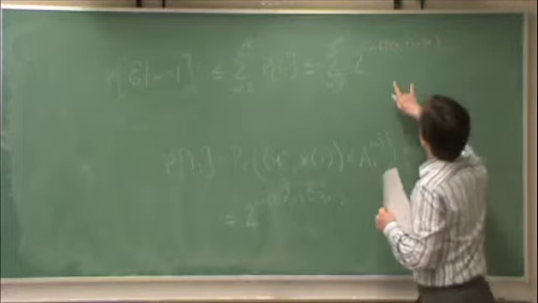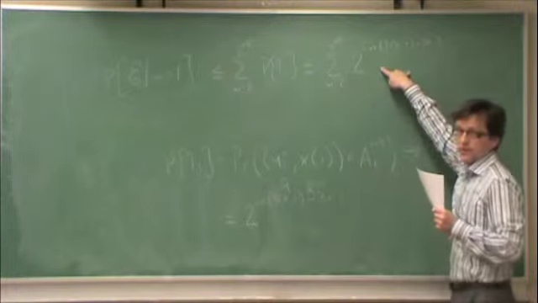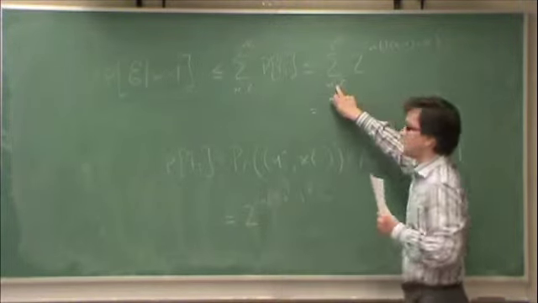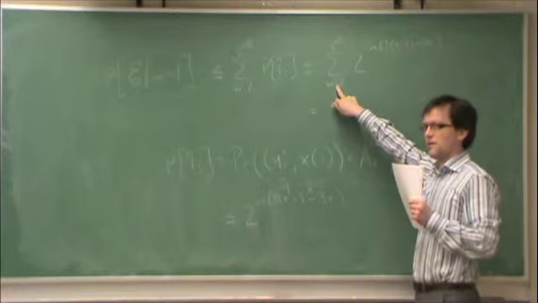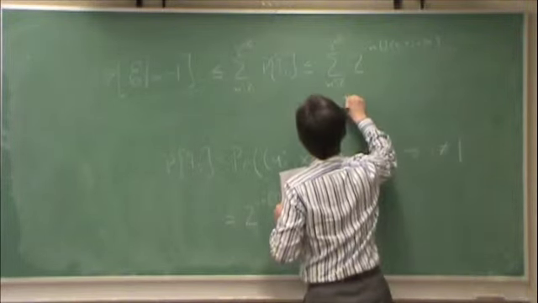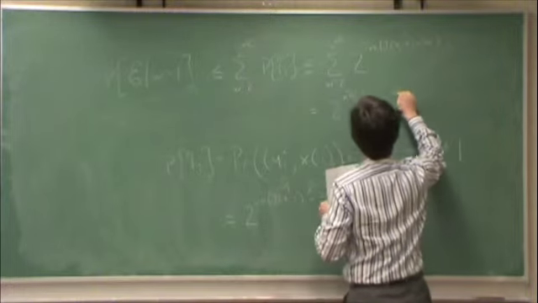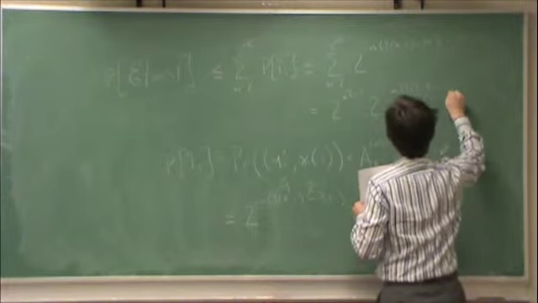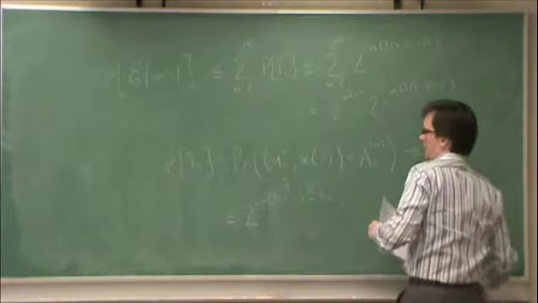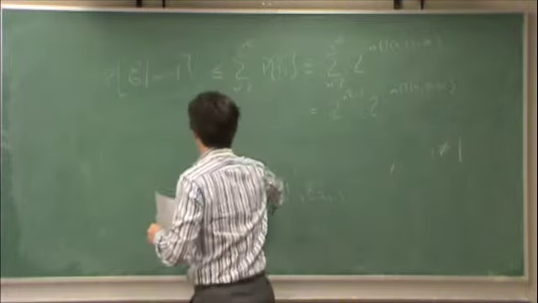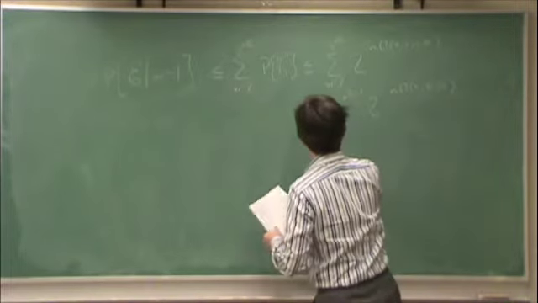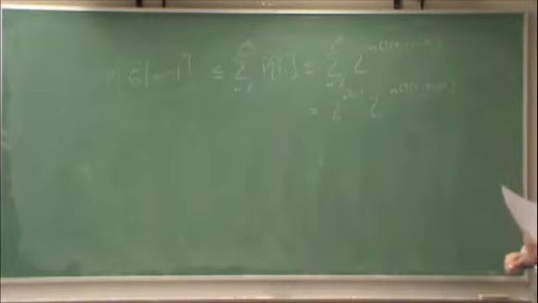Now, this term is not dependent on W. So therefore this is equal to, how many terms are there in this sum? 2 to the NR minus 1, times 2 to the minus n, I(X;Y) minus 3 epsilon. Actually, I meant 2 to the NR, minus 1 below, not in the power.